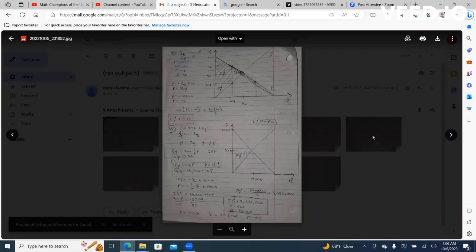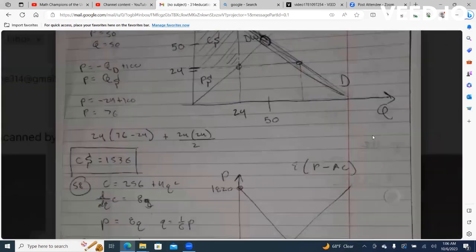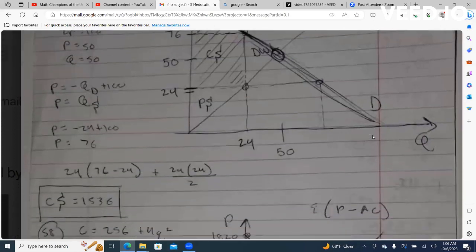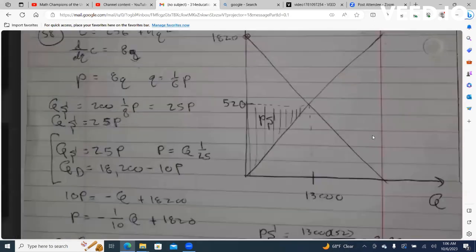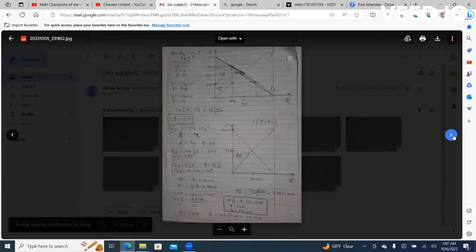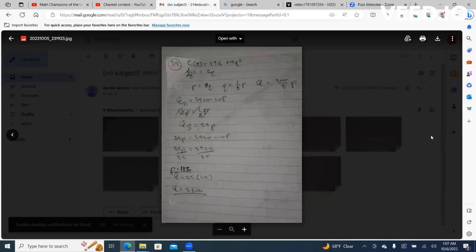So 57, 58. It goes all the way to 60. I might have gotten a little bit lazy in the end here. 59.